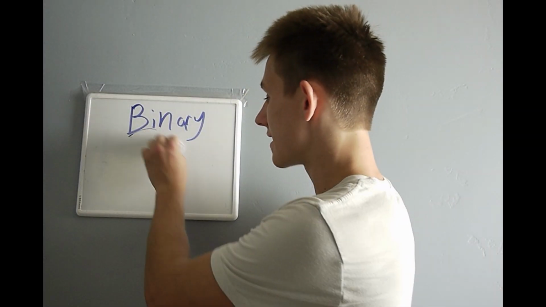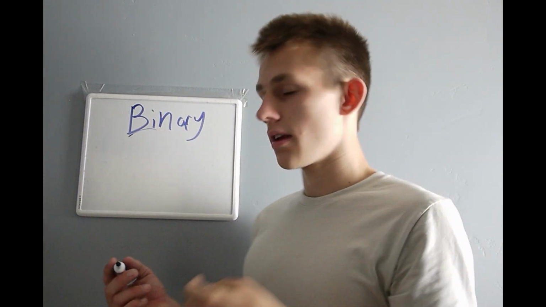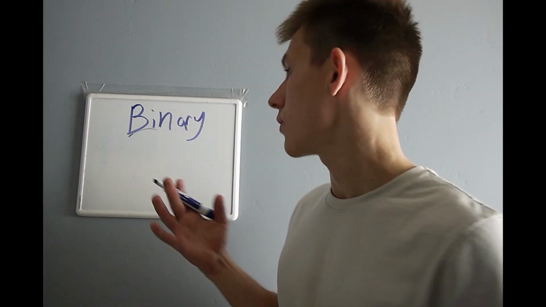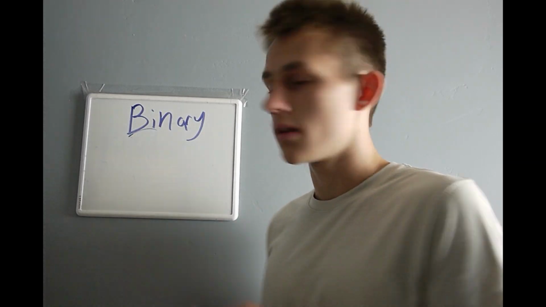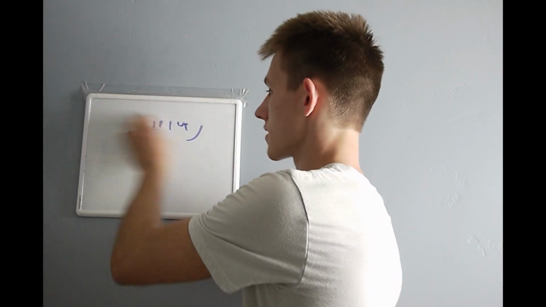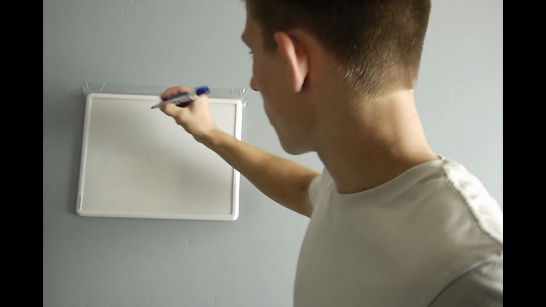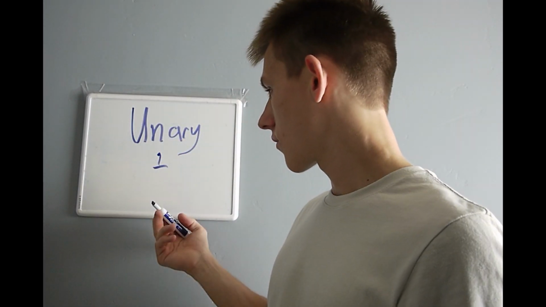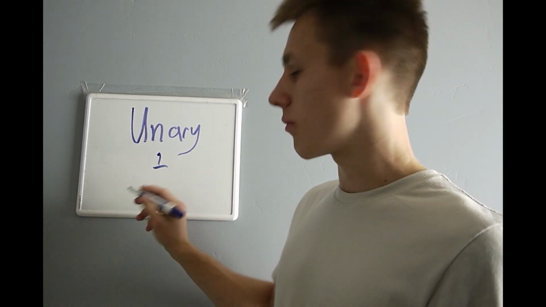I just watched an animation on how to count in base 10 using binary, and that just kind of broke my mind. Another time, maybe. Anyways, binary, it's also a number system. And then we got unary. It's base 1, the simplest.